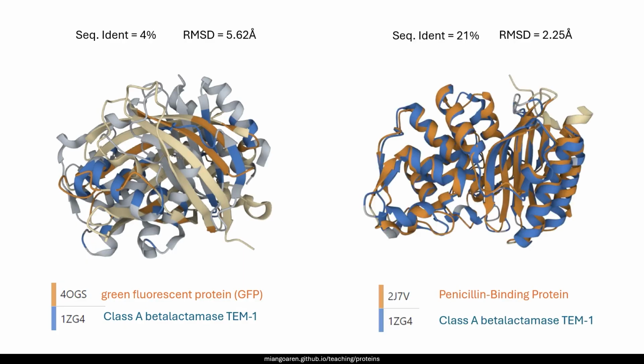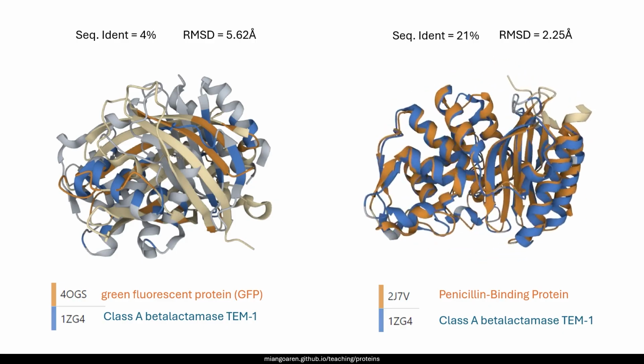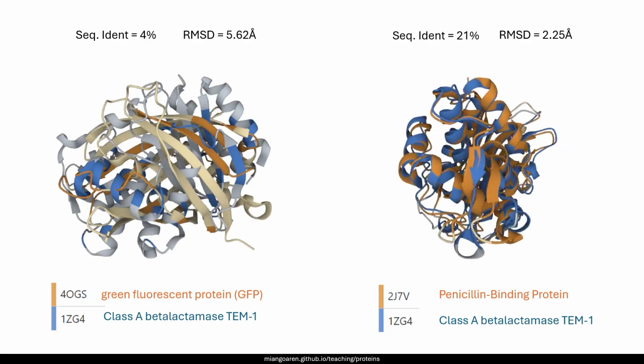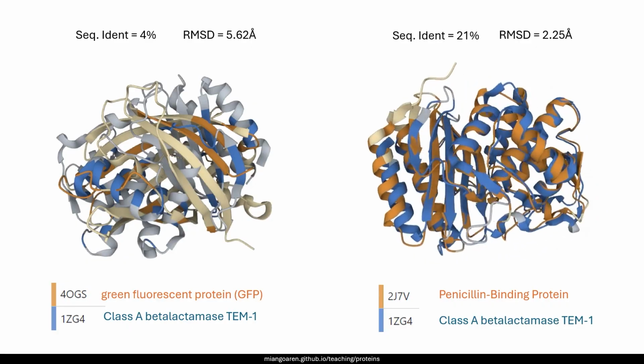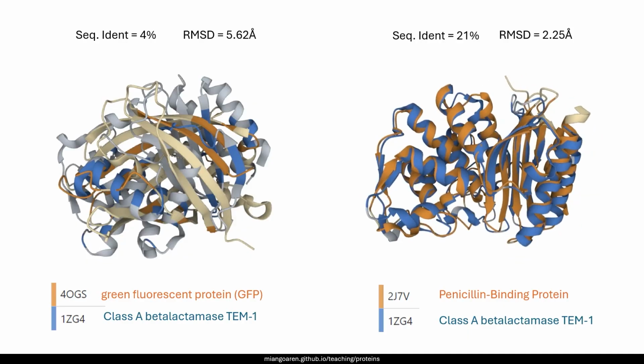Now when we compare the PBP with respect to the TEM protein, we find that they have a sequence similarity of approximately 21%, and that their RMSD is 2.5 angstroms, which is reflected in structures that are relatively consistent, despite certain regions where there is greater structural diversity. Then we could think that, indeed, perhaps they are homologous due to their structural similarity.